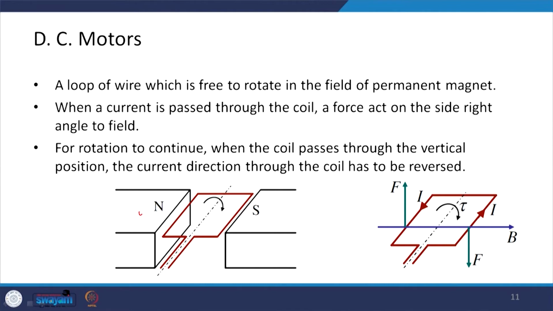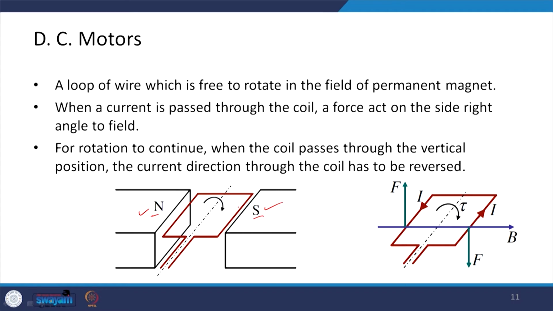Now, after looking at this principle, let us see the DC motor. In the DC motor, as you see, a magnetic field is produced by the magnet, and there is a current carrying coil placed over here.